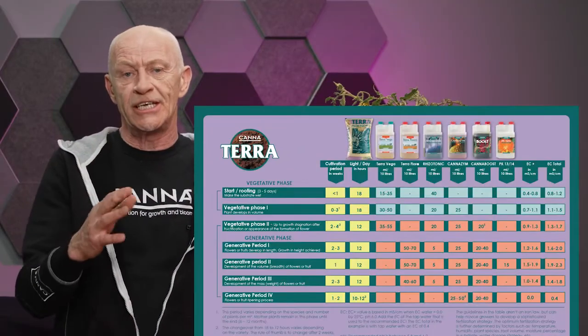Besides the growing phases we mention in the grow schedule, we also recommend the products and the dose of the products. If you look from the left to the right, you see exactly which product we recommend. And nutrients have an EC value. That means if you dose more, the EC plus goes up.